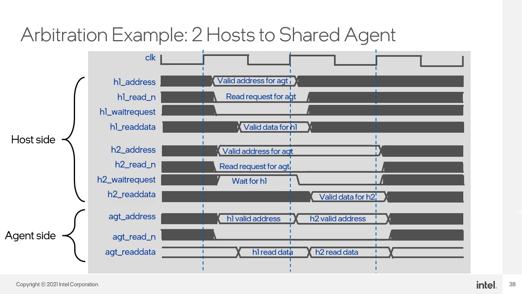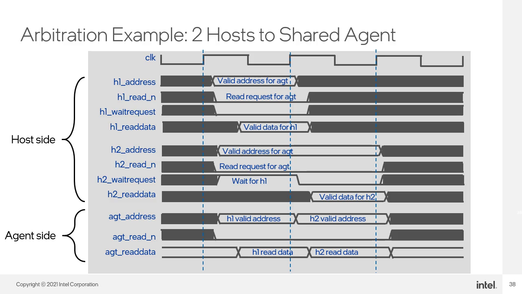Before the next cycle, wait request is deasserted and H2 receives its data, completing the transfer. The bottom of the diagram illustrates this from the agent's point of view. First, it sees the valid address issued by H1 and supplies the appropriate data. It then sees the address issued by H2 on the next clock cycle and provides the requested data.